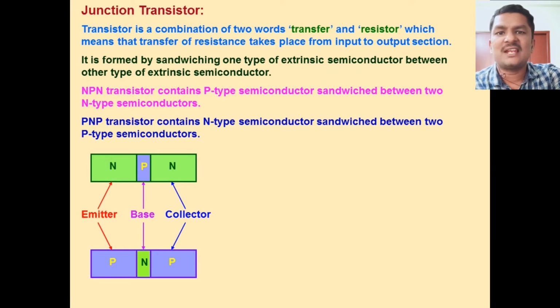A transistor has three electrodes, and one of the electrodes is named the emitter, and this part is heavily doped. And this is the base, and this is the collector.